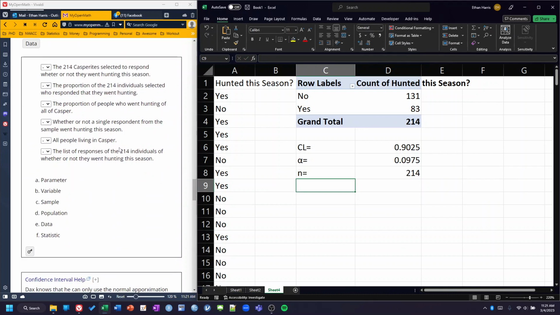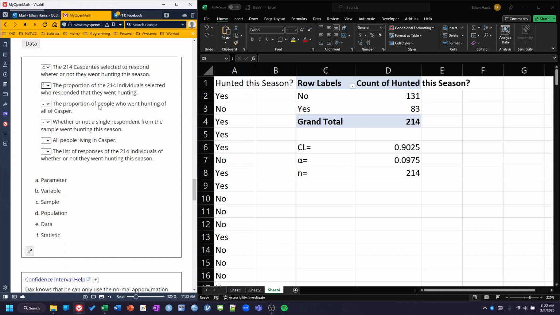Okay, let's go to our series of questions. The first one says, the 214 Casperites selected to respond whether or not they went hunting this season. That is our sample, which is letter C. Then the proportion of the 214 individuals selected who responded that they went hunting, that is our statistic. That is the proportion of our sample.